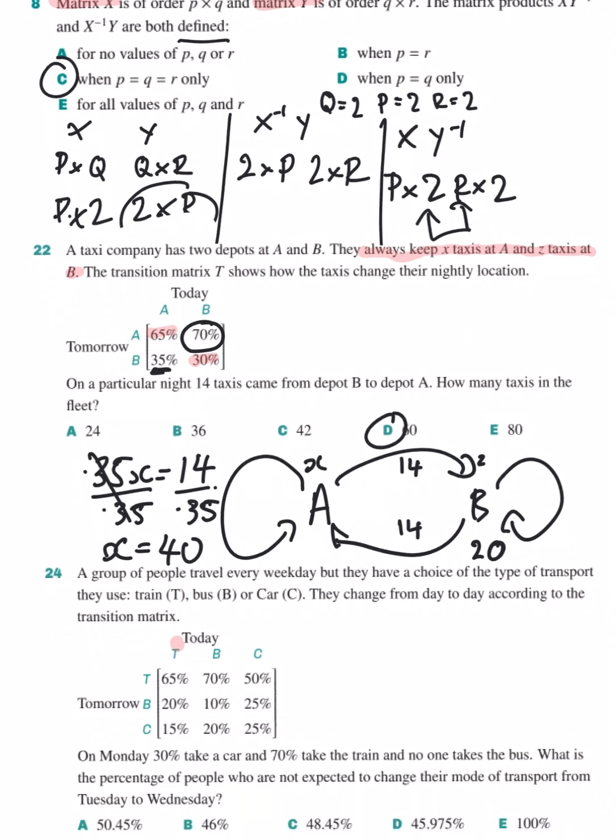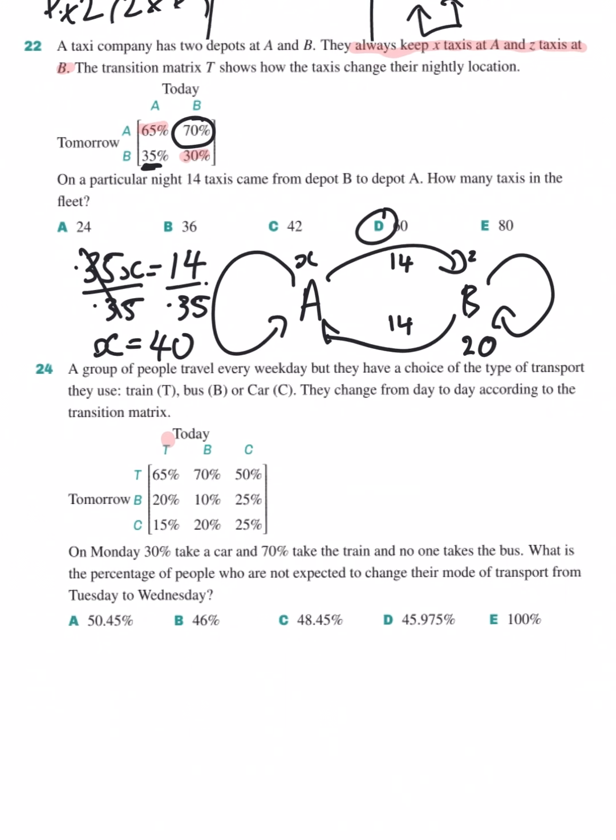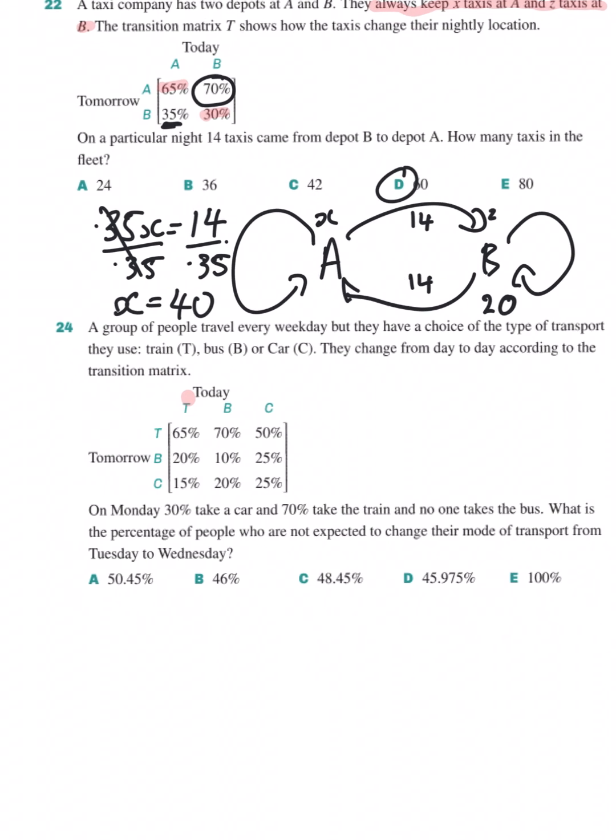Okay, next question. A group of people travel every weekday and have a choice of transport, the type of transport they use, so train, bus, or car. They change from day to day according to the transition matrix. On Monday, 30% take a car, 70% take a train, and no one takes the bus.